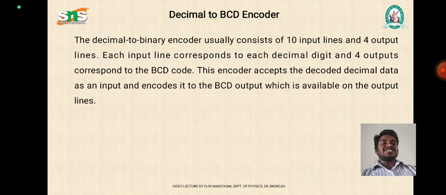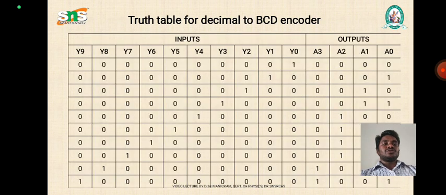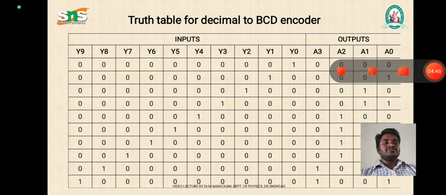The encoder accepts the decimal data as input and encodes it into the BCD output, which is available on the output lines. This is the symbolic representation for the decimal to BCD encoder.